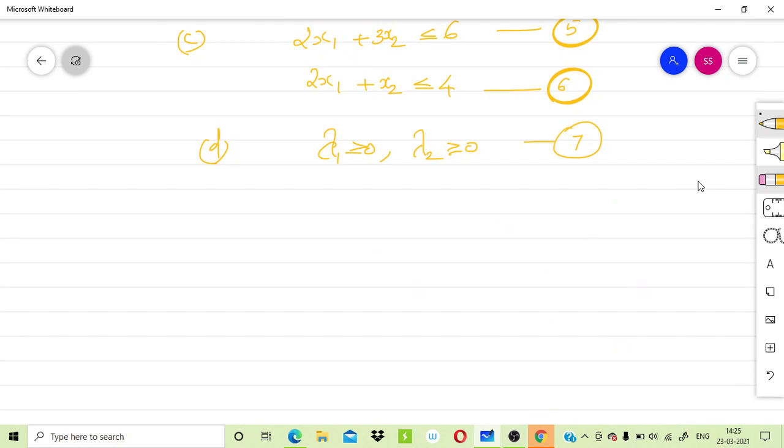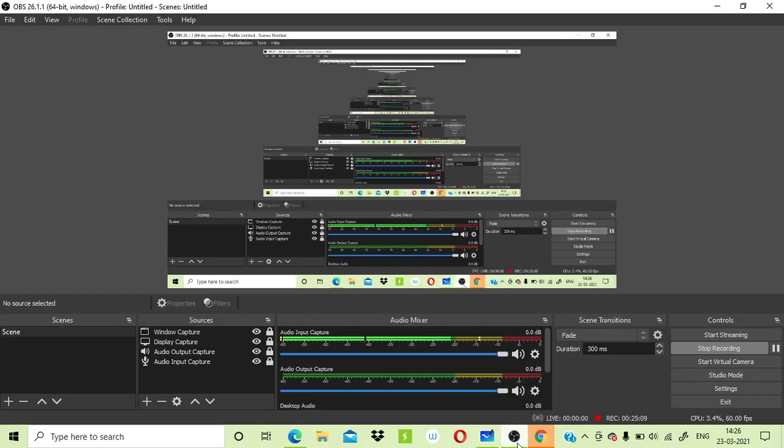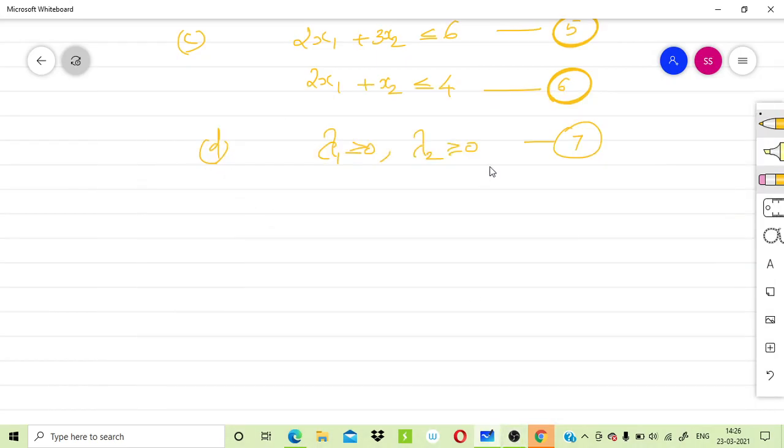Now I am going to apply the conditions one by one. So lambda 1 greater than or equal to 0 means, case 1 will be lambda 1 equal to 0 and lambda 2 equal to 0.